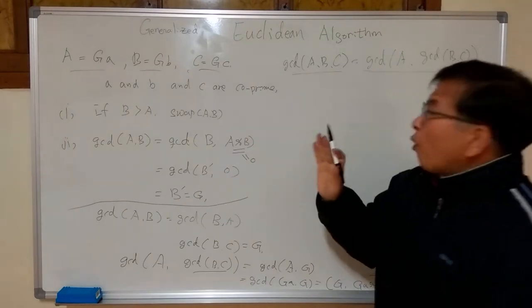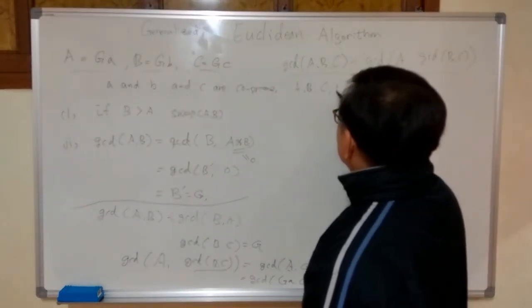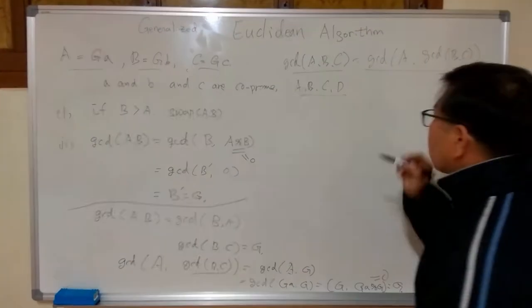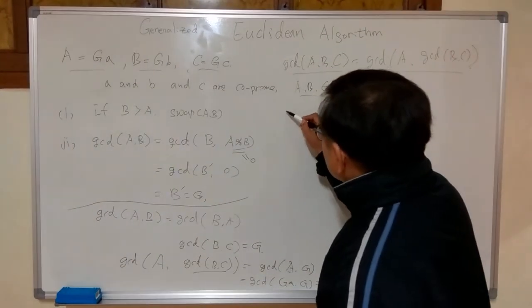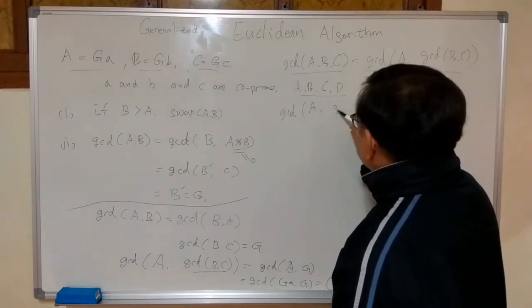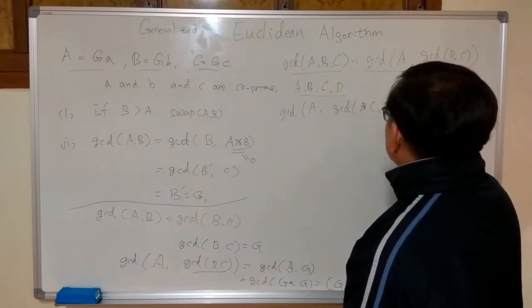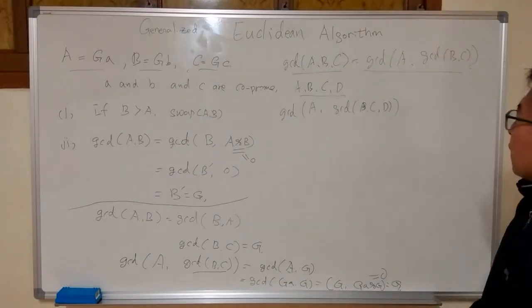If we have four numbers, for example A, B, C, D, we can calculate like this. GCD(A, GCD(B, C, D)). We will calculate like this.